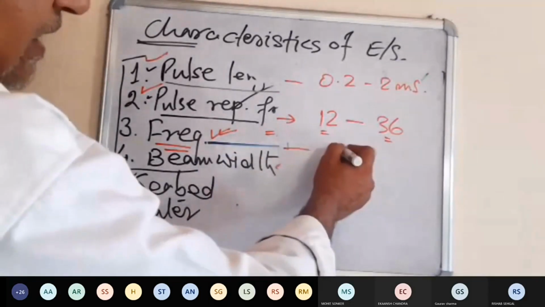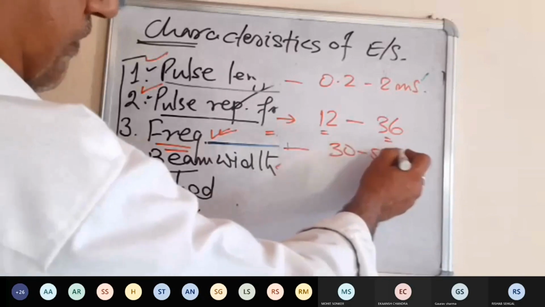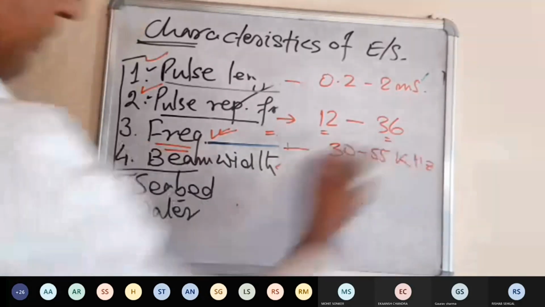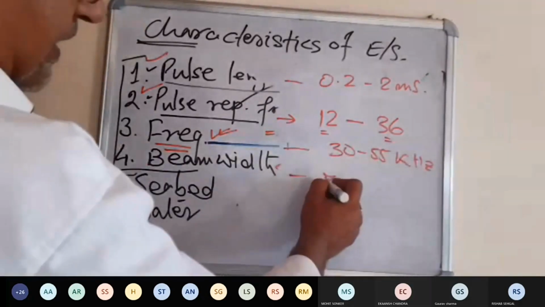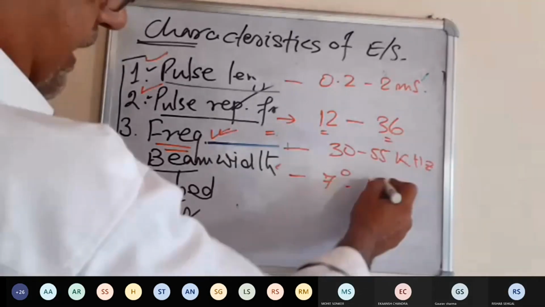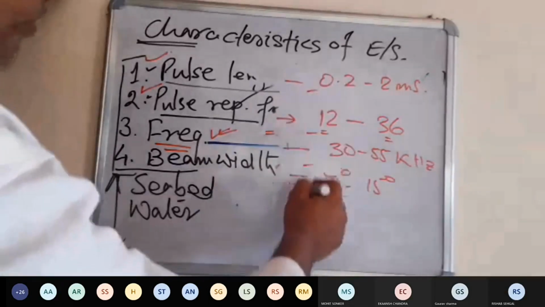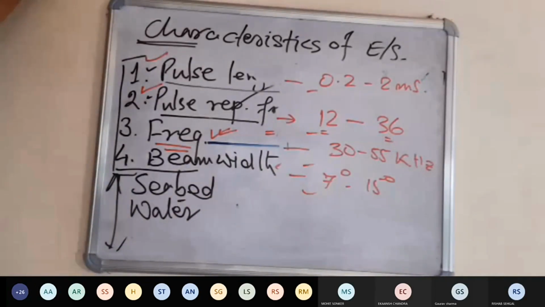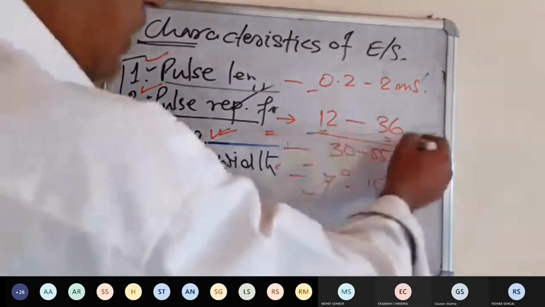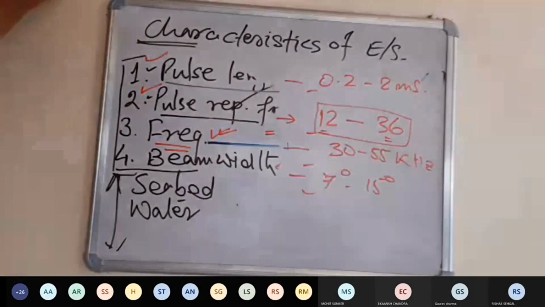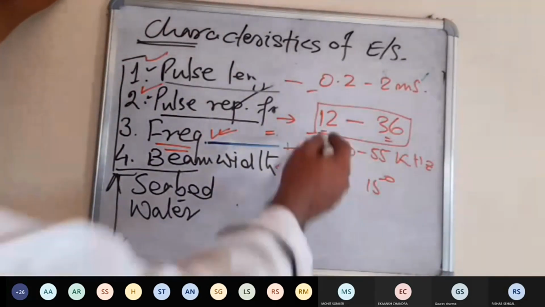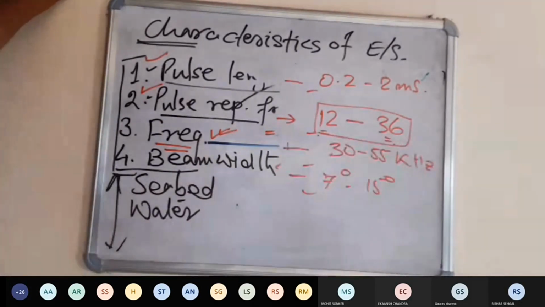Frequency, we have seen, is from 30 to 55 kilohertz in general. Beam width, 7 degrees to 15 degrees. These are some standard values. These figures you'll find in the IMO performance standards also, that for shallow water it cannot be less than 36, for deep water it cannot be more than 12.